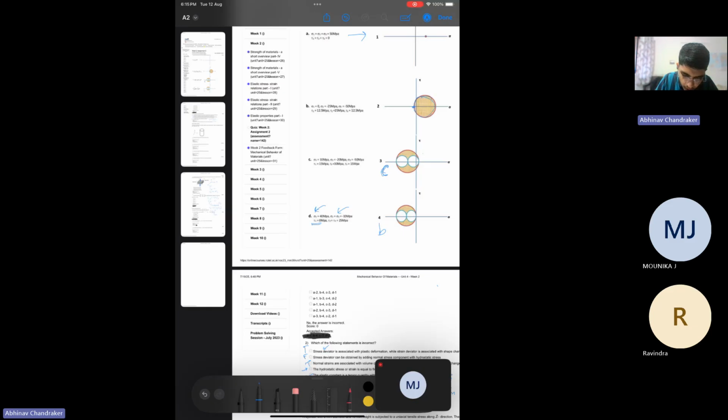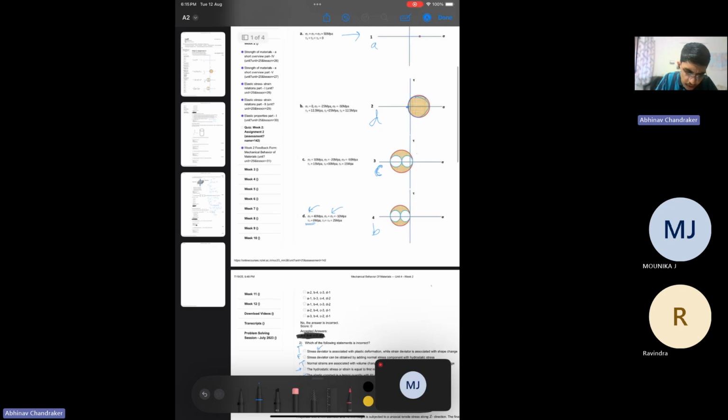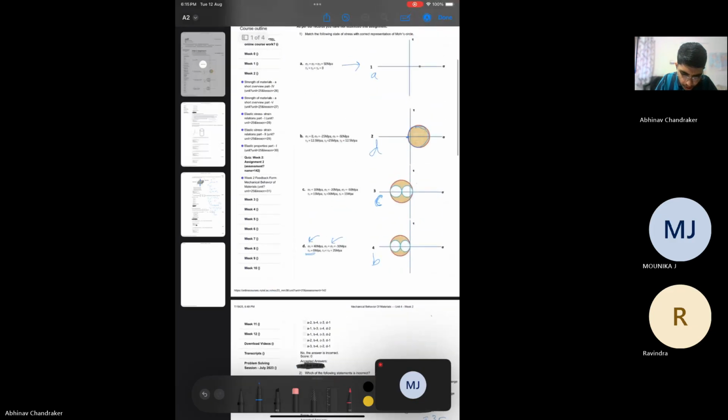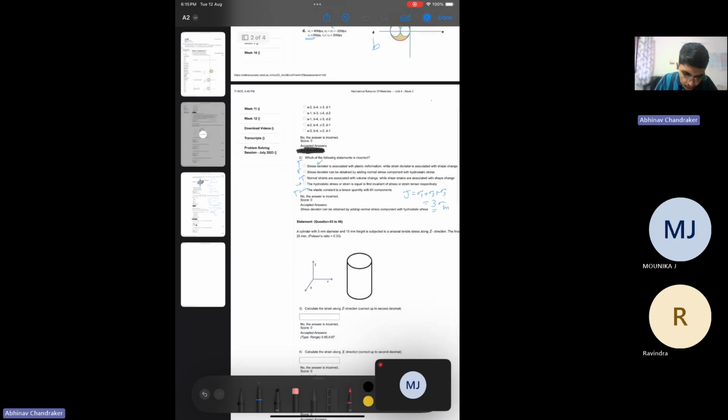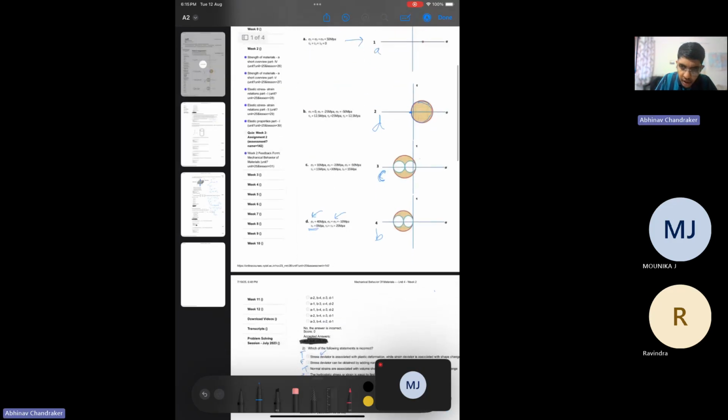Together they are the three Mohr circles for the three reference planes. So this will be pretty straightforward. The one where you have all sigma the same and tau equal to 0 will be A. That is hydrostatic loading.